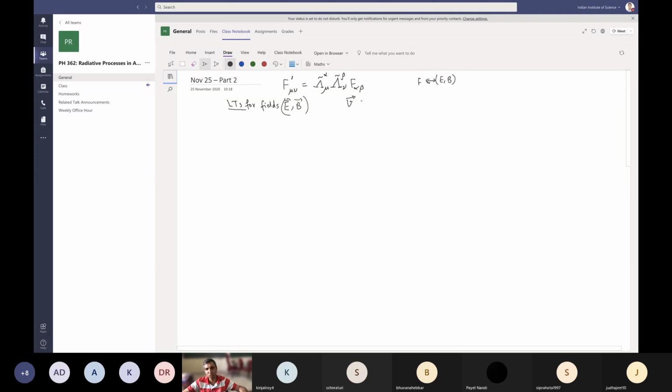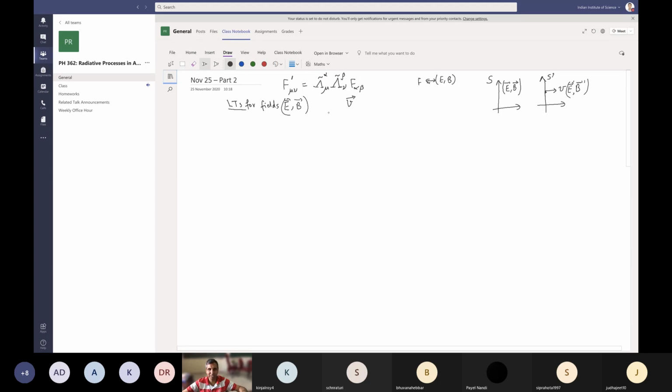Don't forget, you are in this frame S, and you have this frame S prime, which is moving relative to it with the speed v. What we are trying to do is, you have E and B measured here, and you want to see what the values of these E and B are in this frame, and the value is given by these transformations.